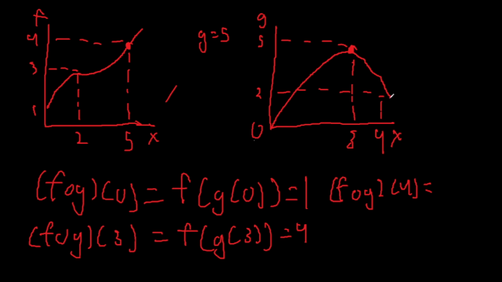And you can see that it's 2. When x is 4, it meets g at 2. So you take that g value, which is 2, and you use it as the x value for the f of x graph. And you find where 2 meets the f value, and you can see it meets at value 3. So then you're going to have f of g of 4 equals 3.